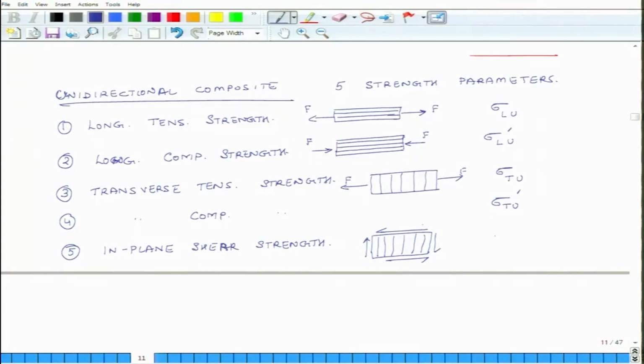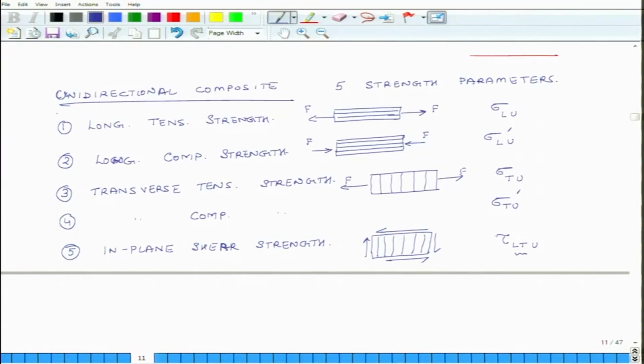So, this is the shear stress. So, it is sigma L T U. U is the ultimate shear, in plane shear strength. So, what does LT mean? LT specifies the plane in which the shear stress is being applied, and U is the ultimate value of that.